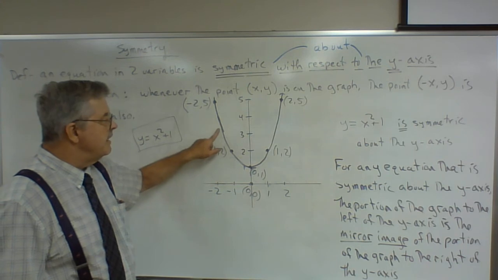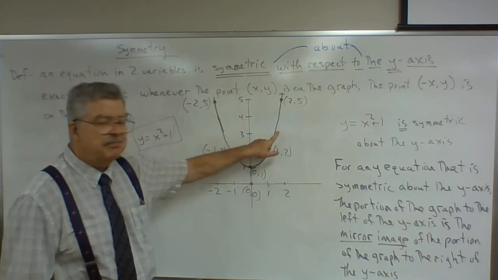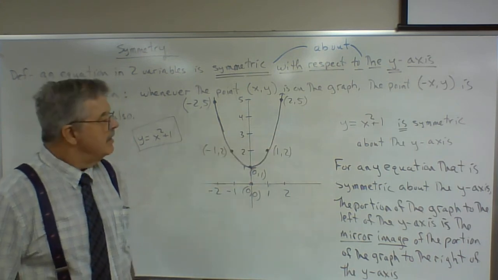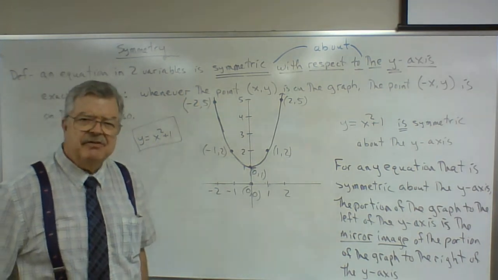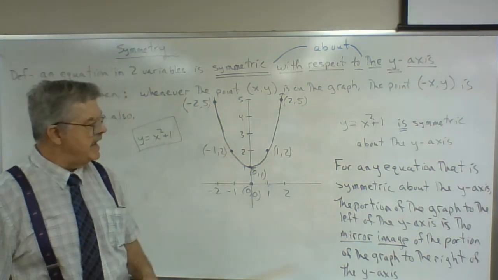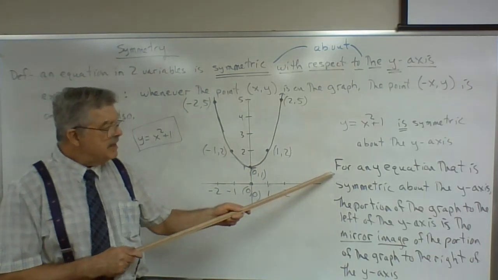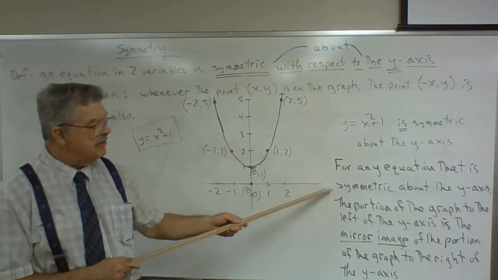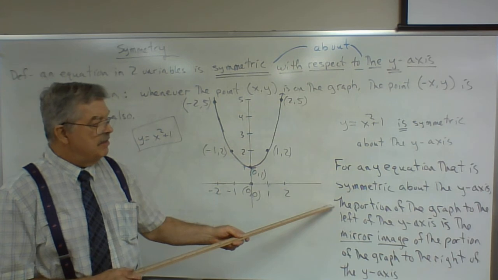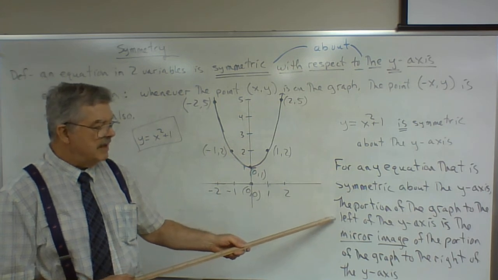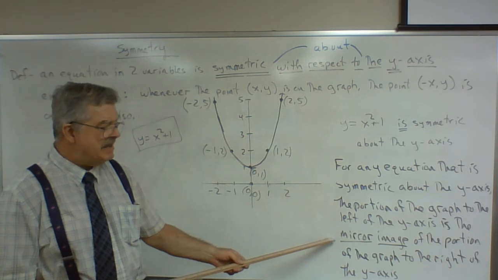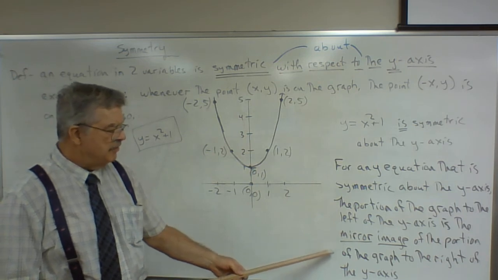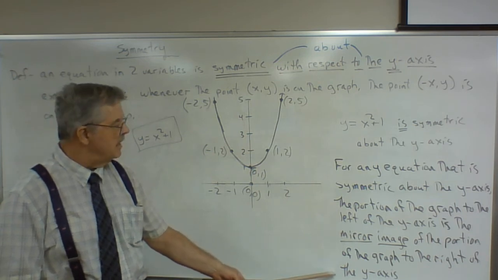This part of the graph is the mirror image of this part. And that's true of the graph of any equation that's symmetric about the y-axis. For any equation that is symmetric about the y-axis, the portion of the graph to the left of the y-axis is the mirror image of the portion of the graph to the right of the y-axis.